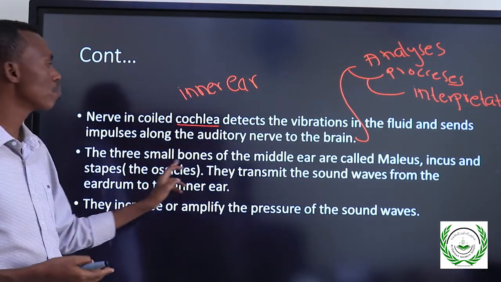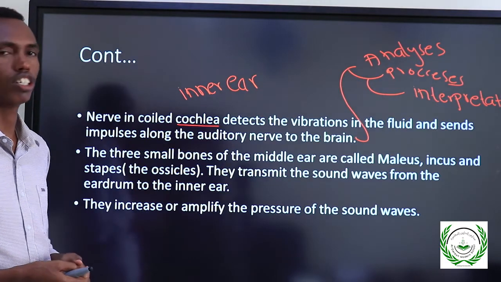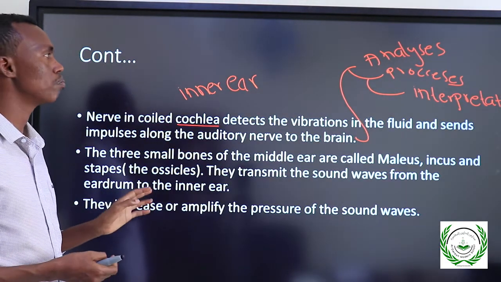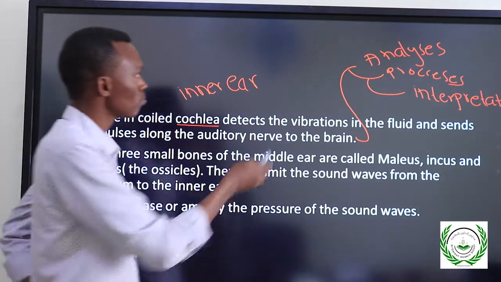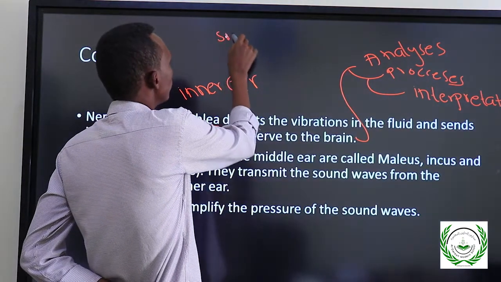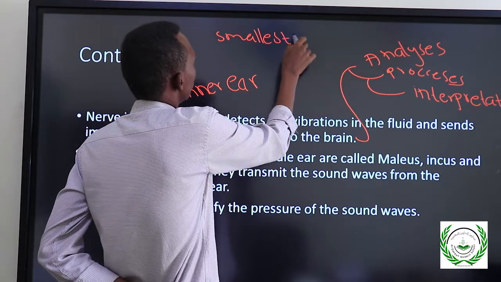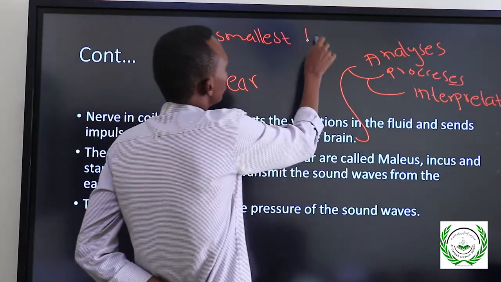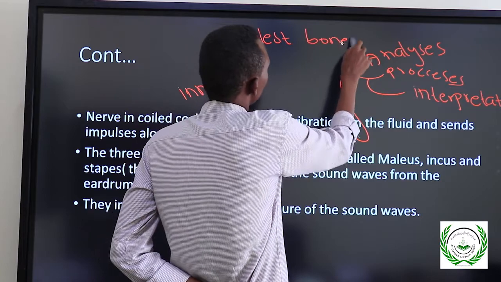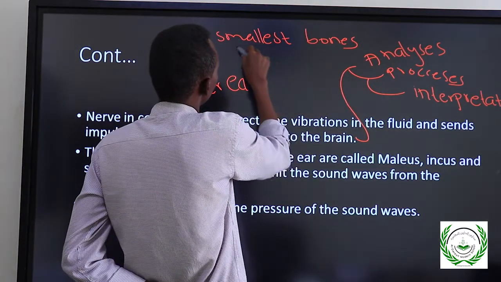The three small bones of the middle ear: we said previously that they are one of the smallest bones in the human body.